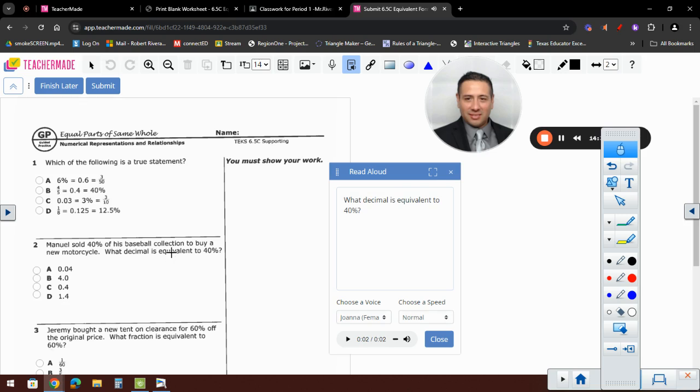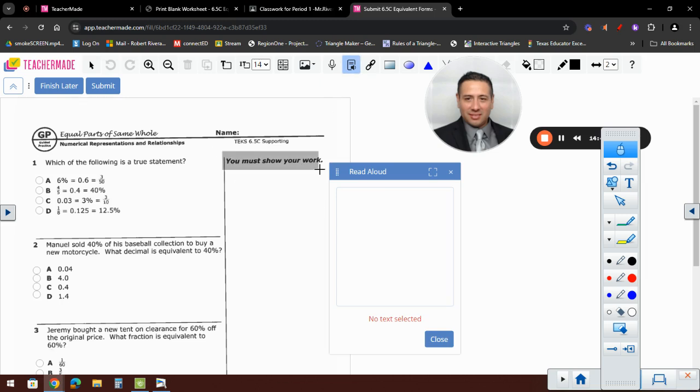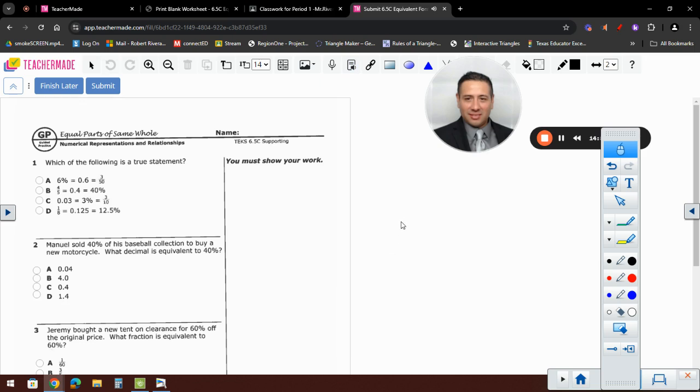Okay, so this guy features the text to speech feature, and that's how you use it. You just press it, this comes out, a little cross comes out, and you just highlight whatever you want to hear read to you out loud. Okay, that's about it, guys.